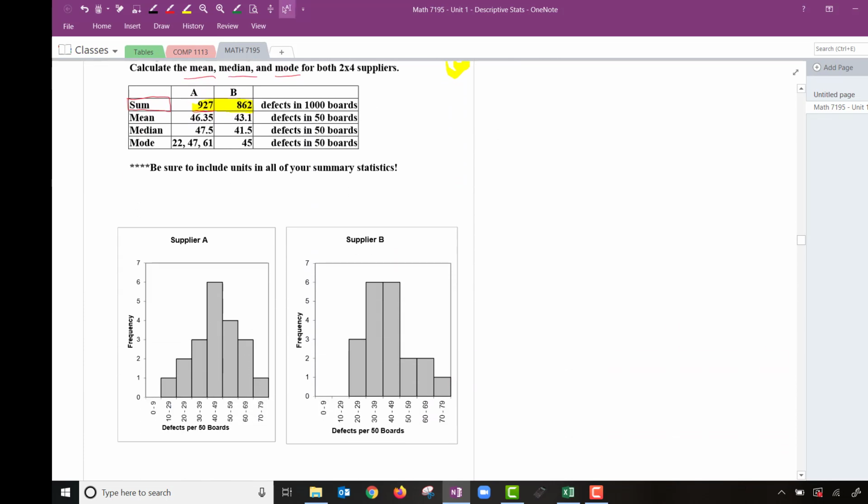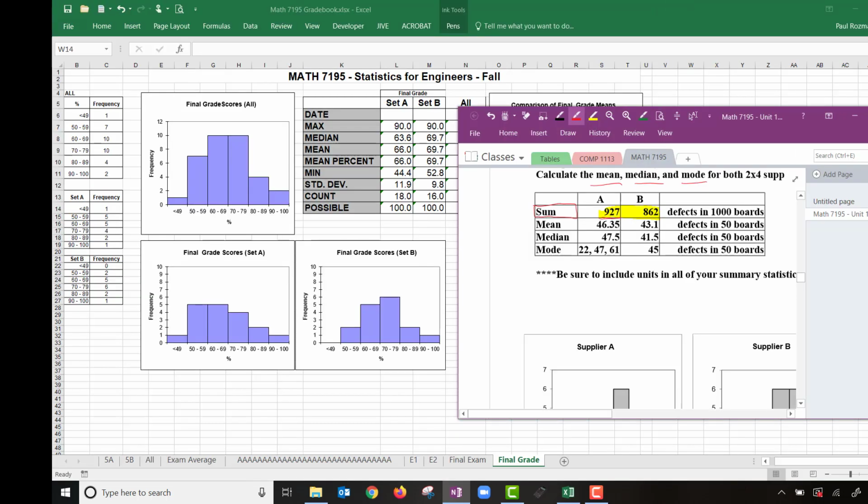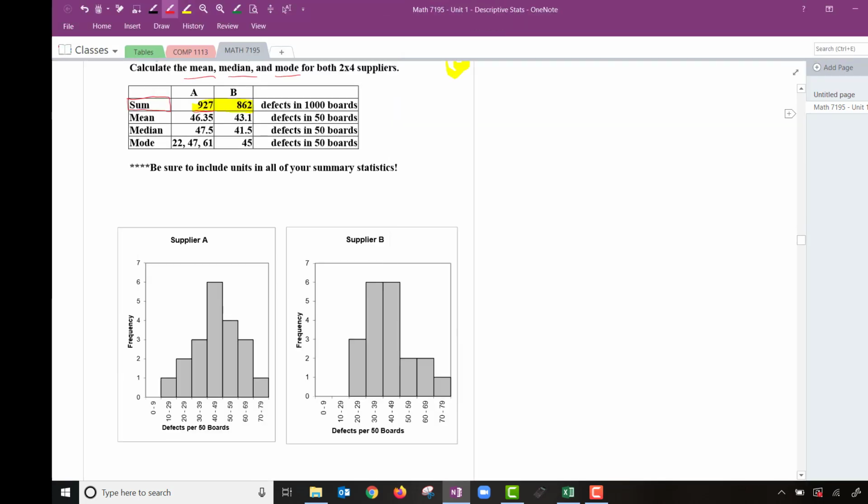So here's the same results we just calculated, and I made nicer histograms for the two suppliers. You'll see that these two histograms look exactly like the stem and leaf plots, actually, because I made the categories the same. I went in groups of 10, 10, 20, 30, 40, 50, 60, 70.